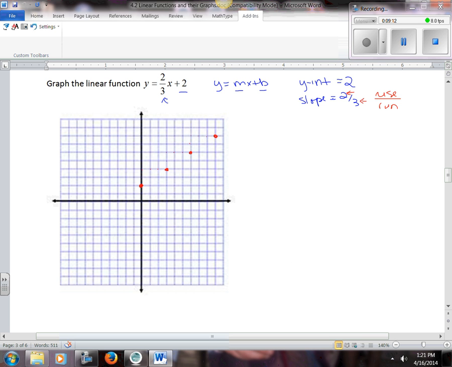And if you wanted to, you could also go down 2 and back 3, because we know a negative over a negative is equal to a positive. Down 2, back 3, that would work too, okay? So from here, we're going to connect our points. And we're going to label our equation, y equals 2/3 x plus 2.